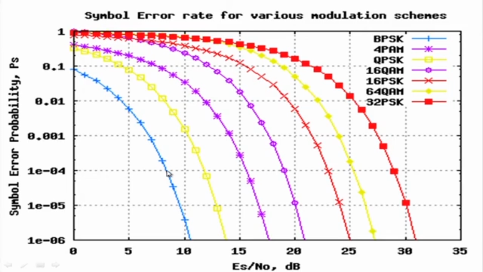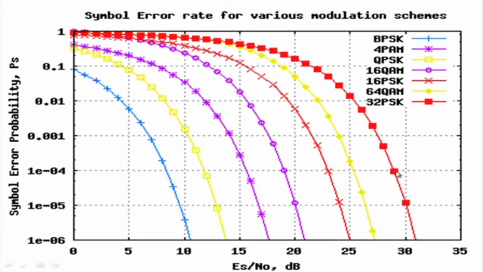For BPSK, a certain amount of Es by N naught is required to get this error. For QPSK you need more Es by N naught to get this error. For 32 PSK you need much more. With higher order PSK you get the advantage of spectrum efficiency. In one symbol period you can push more bits, that is the bandwidth advantage you get, but you have to give more power to reach the same BER.